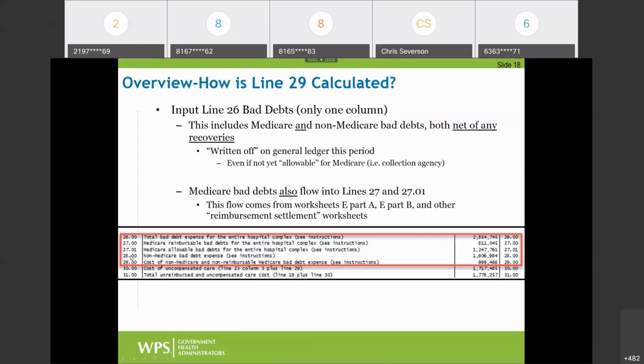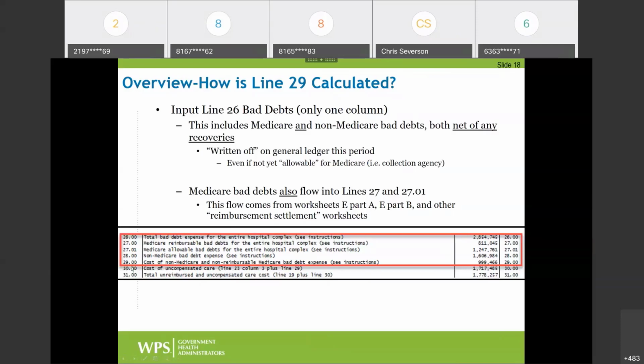The reason this is important is that line 28 is subject to the cost to charge ratio as well. The thought is that these are not necessarily co-insurance and deductible amounts, whereas we know Medicare bad debts have to be co-insurance and deductible. So line 28 are those that are not, and therefore they're going to be subject to the cost to charge ratio reduction.